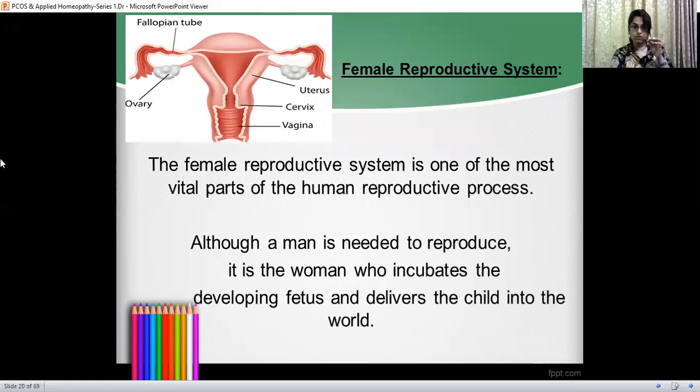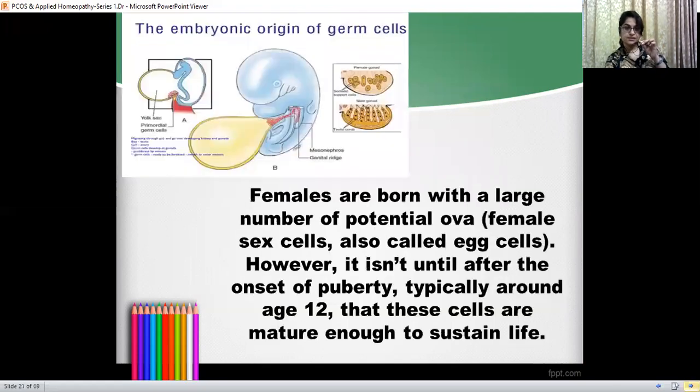So let's have a look at the female reproductive system. The female reproductive system is one of the most vital parts of the human reproductive process. Although a man is needed to reproduce, it is the woman who incubates the developing fetus and delivers the child into the world. These are some basics. The embryonic origin of germ cells.